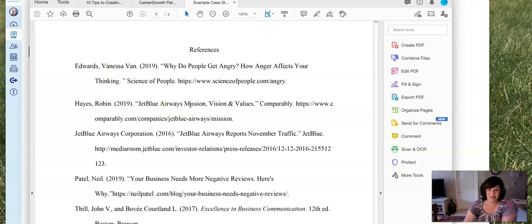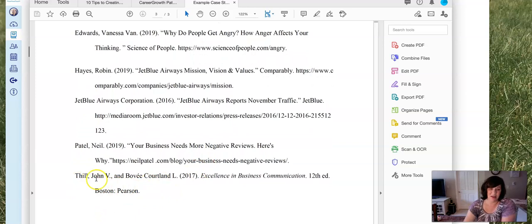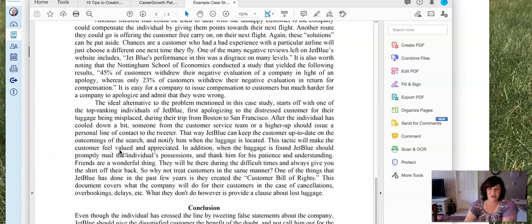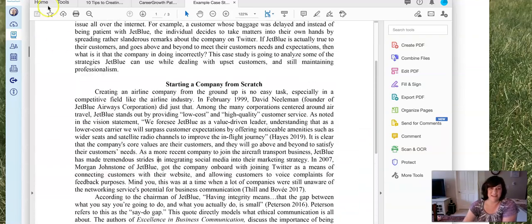You should have at least 1 outside source, and you should cite your course book, by John V. Thill and Courtland Bovée. So this person has 5 sources, but really you just need 2. So this is one example of a case study.